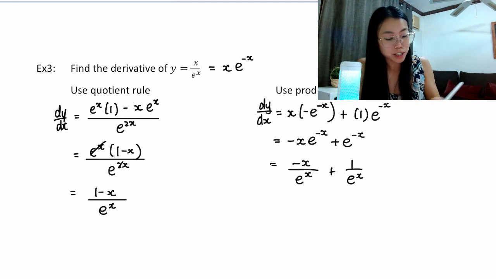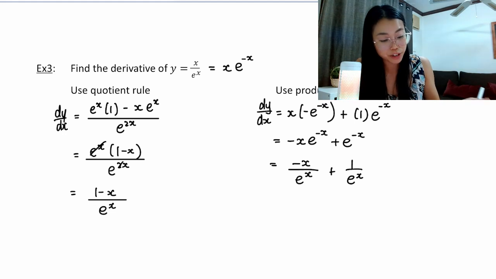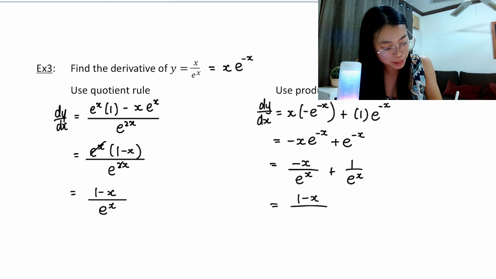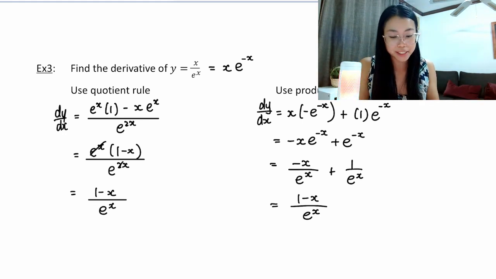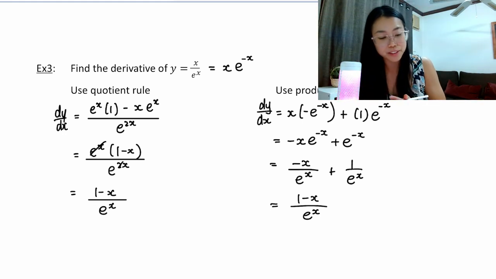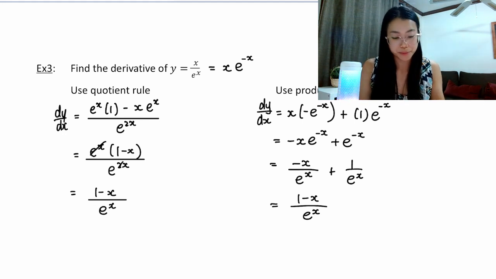Now I have common denominators between both my terms, and the numerator can be rewritten as 1 minus x, and my common denominator is e to the x. So now we have both sides are equivalent. I have solved both using the quotient rule and the product rule.